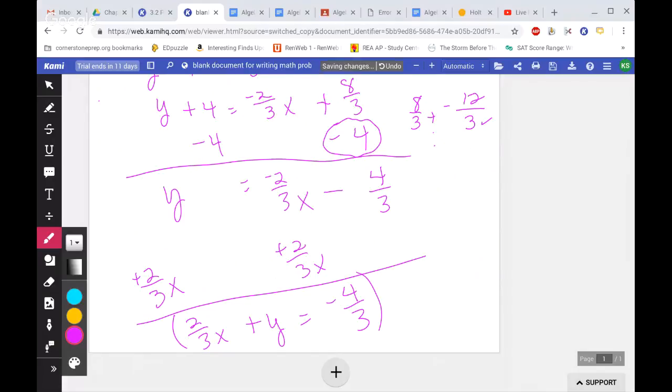If that would make it more user-friendly for you guys, which I feel like if you can minimize the fractions, it makes you happier. But if you multiplied this all the way through by a 3, it would get rid of the denominator and you would end up with 2x plus 3y equals -4.